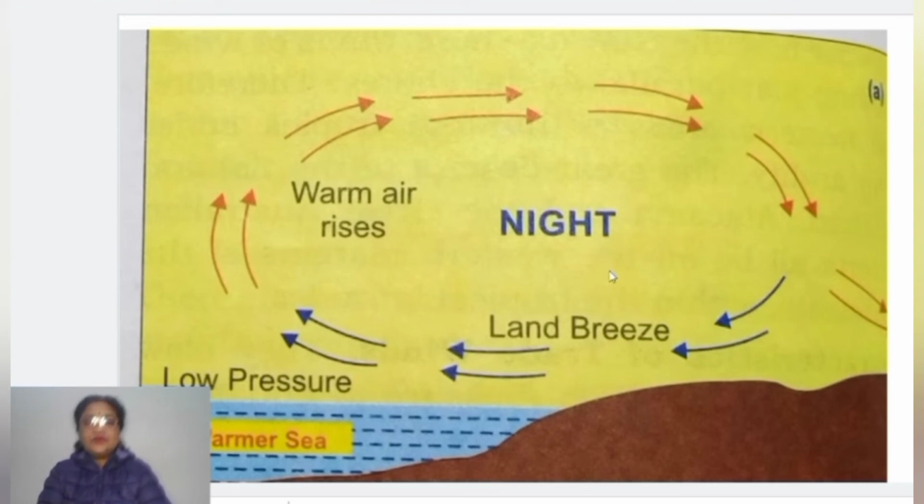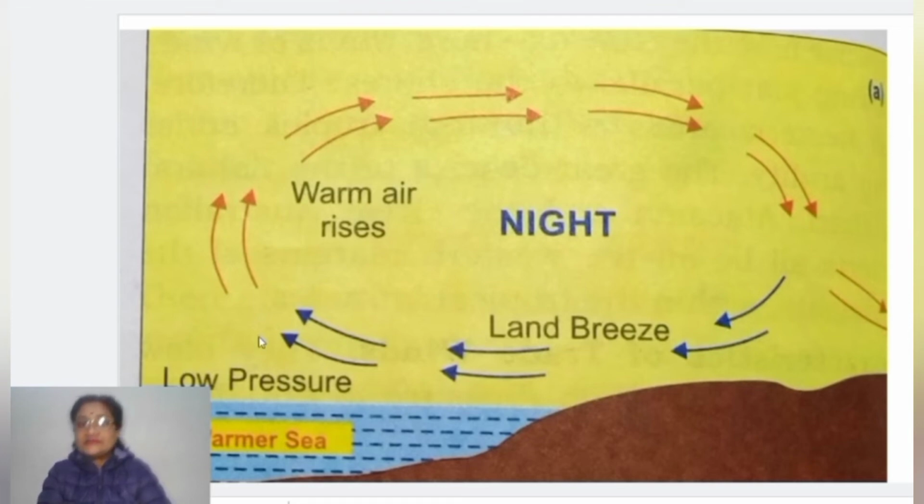At night time the land becomes cool faster than the nearby sea or ocean body. So over the land the temperature is lower, and over the nearby sea or ocean water the temperature is a little higher. How does the temperature affect the pressure condition?